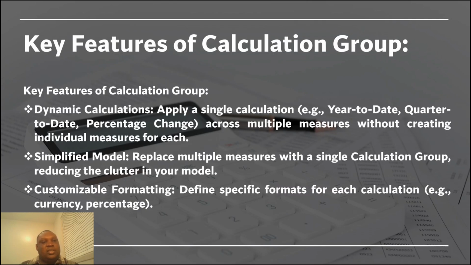Number two, it simplifies your data model, right? It replaces multiple measures with a single calculation group, reducing the clutter in your model. Number three, customizable formatting. It helps you define specific formats for each calculation. For example, whether currency, percentage, and so on, depending on the specific format you want to use for your calculations.